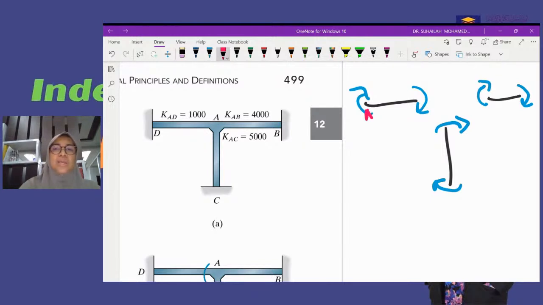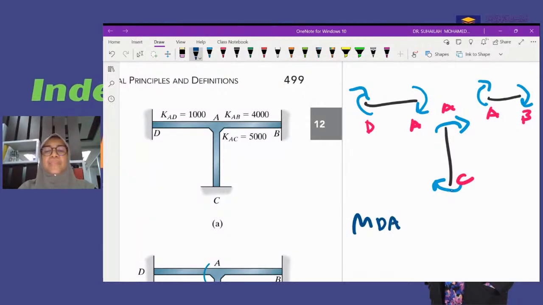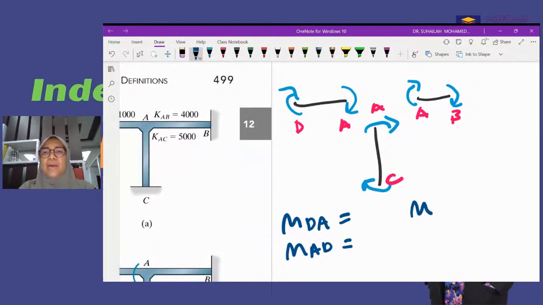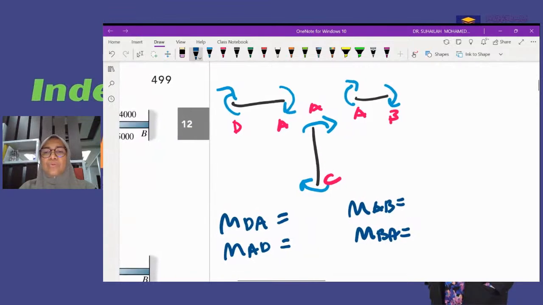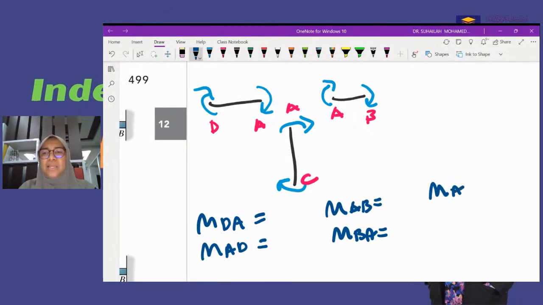This is D, not A. This is D, this is A, this is B, A, and C. So we have MDA, we also have MAD, MAB, MBA, and we also have MAC and MCA.